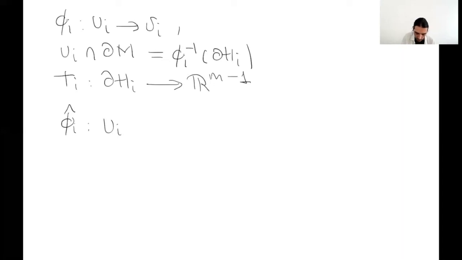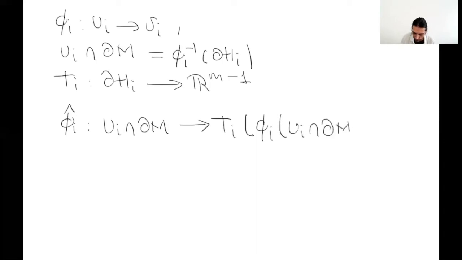So it's going to be U sub i intersection with the boundary of M, right? And the target space is going to be the image by T sub i of the image by phi sub i of U_i intersection the boundary of M, right?